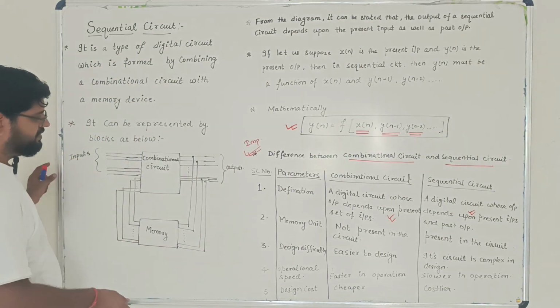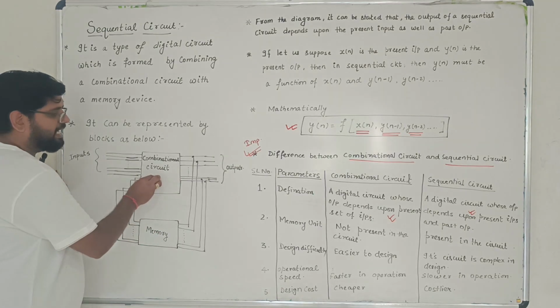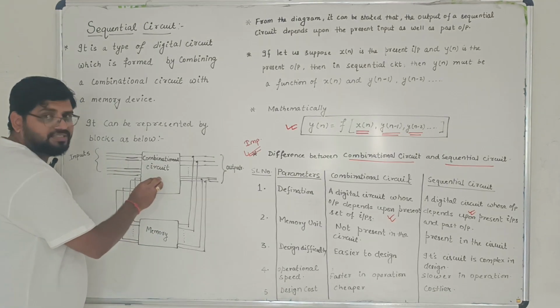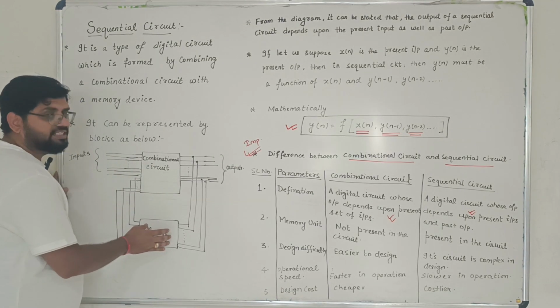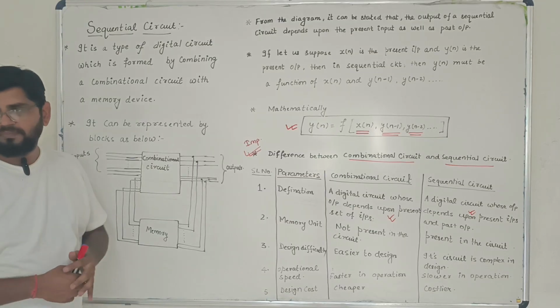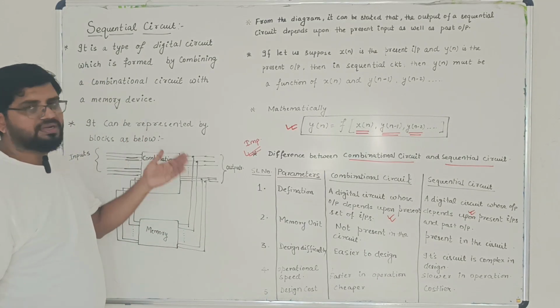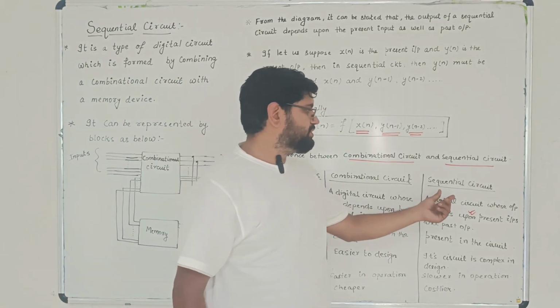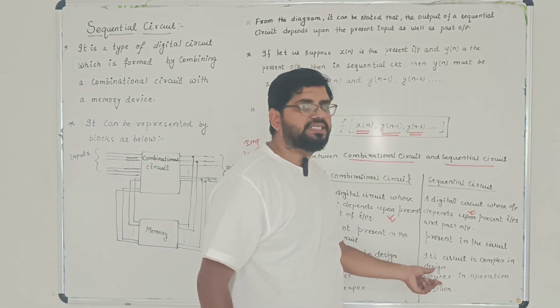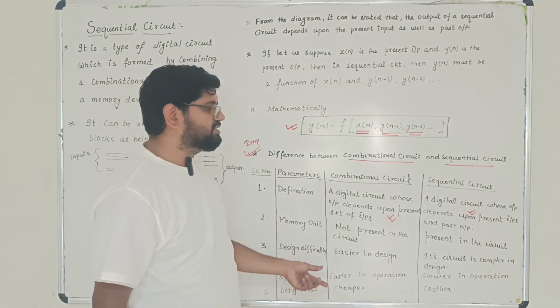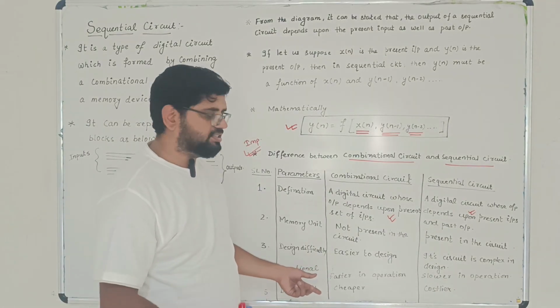But a sequential circuit has the propagation delay of the combinational circuit, along with a delay occurring due to the presence of memory. So if you combine the delays of both elements, it will be higher, and therefore the sequential circuit's operation speed is slower, but the combinational circuit's operation speed is faster.